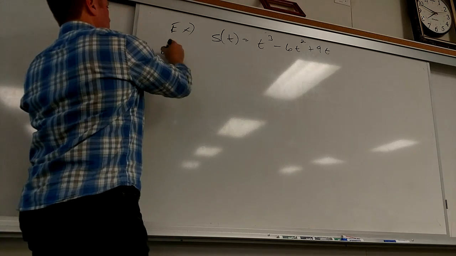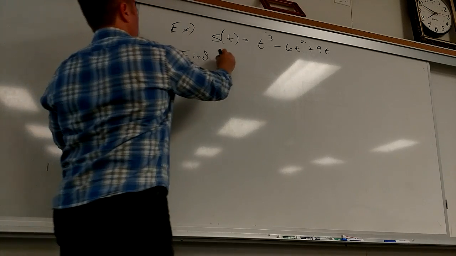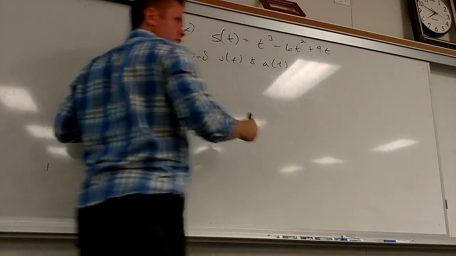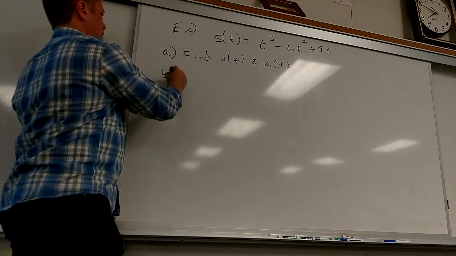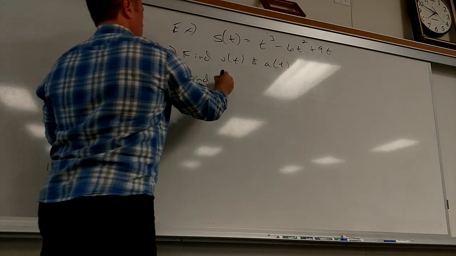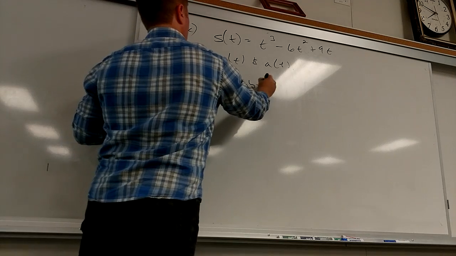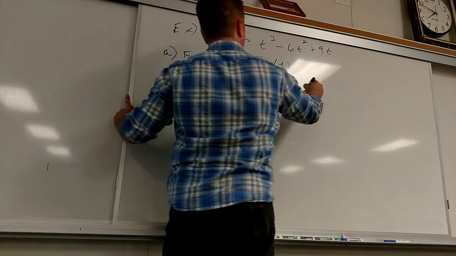All right, so part A, find v of t and a of t. Part B, find when the object is at rest.